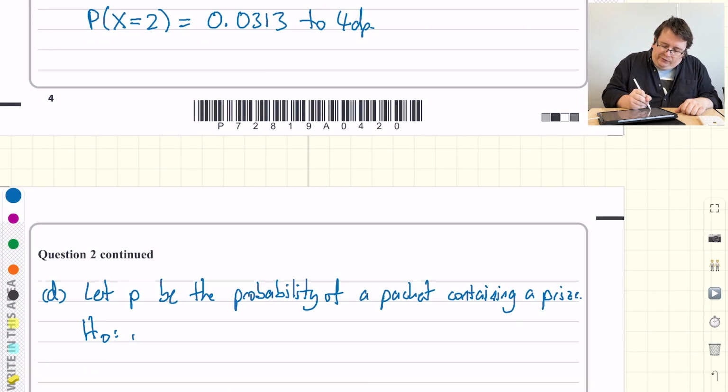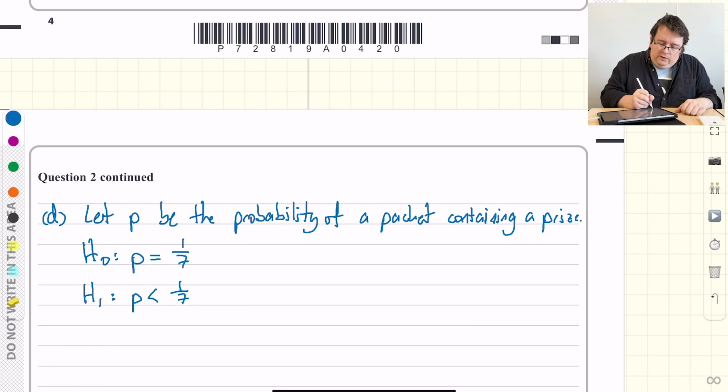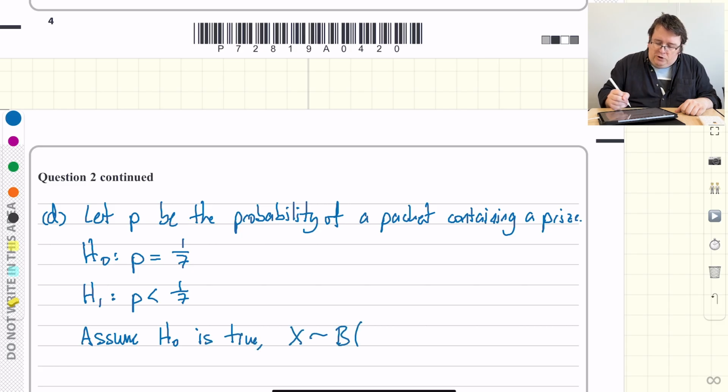So the null hypothesis is that P is 1/7. The alternative is that we're looking at less than 1/7. So we assume H0 is true, and we set up a binomial distribution for the packets.